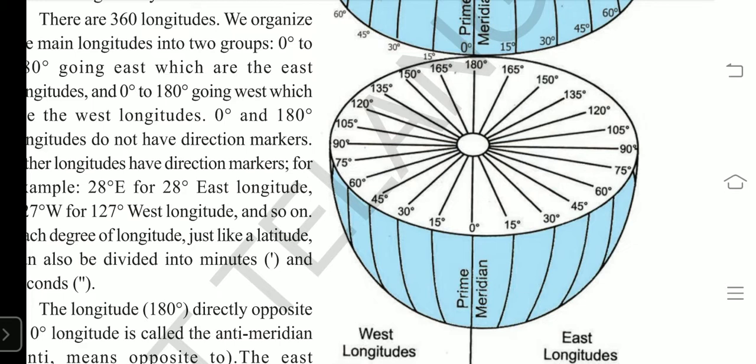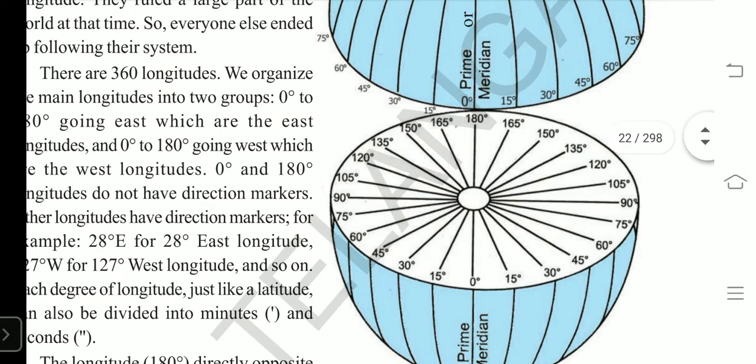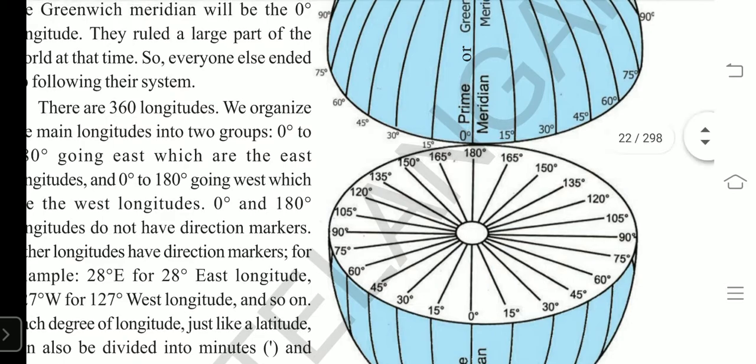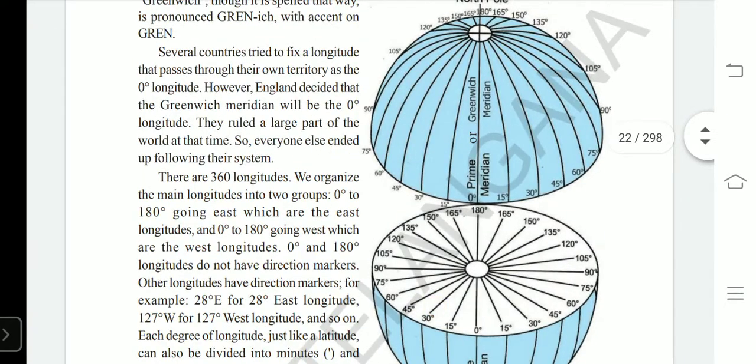The remaining half is opposite to it, that is 180 degrees. So longitudes are semicircles. Latitudes are circles, drawn across the globe like this. Look here, like this it is drawn across the globe. So those are circles, whereas longitudes are half circles. We call them semicircles.